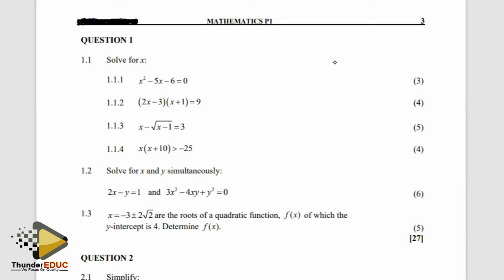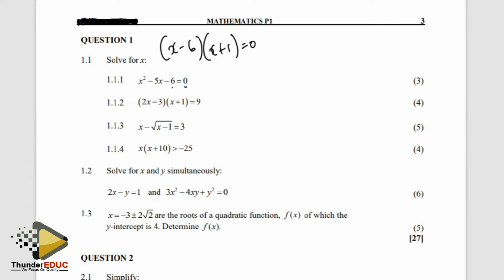So for the first part where they tell us to solve for x, we have a quadratic, x squared minus 5x minus 6 is equal to 0. So I can get the factors. In that case, I'll have x minus, it's not minus 3, it's going to be x minus 6, and then probably x plus 1 is equal to 0.